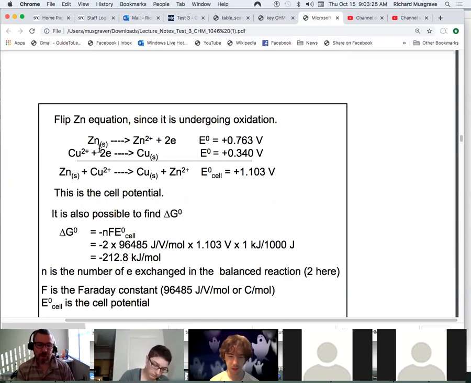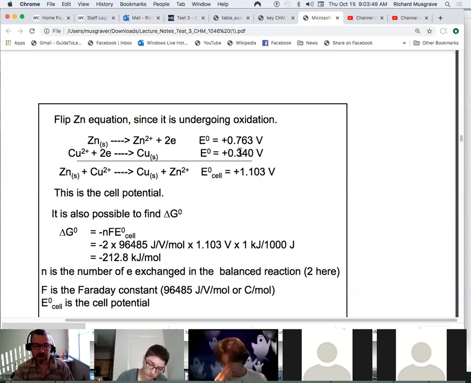You'll notice I did not change the copper reaction at all because it's a reduction and I want it to stay a reduction. Now what I can do is add these two reactions together. Remember, these are called half reactions. I can get the whole reaction. I also can get the voltage on the cell. And by adding these two voltages together, I get 1.103 volts.